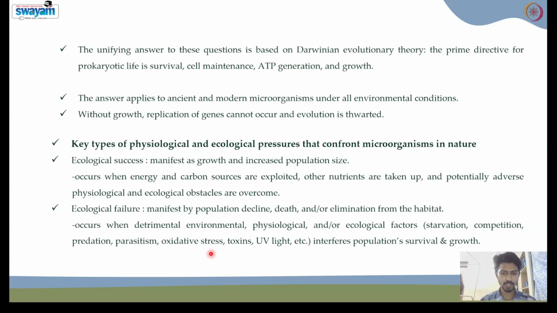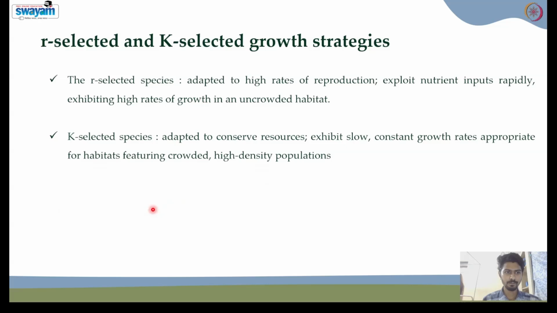There is a balance between one population's growth over another population, and this ecological pressure drives the microbial diversity and evolution. And this is how we say an environment is a success when an increased population size and abundant growth is observed. And whenever it fails, we call it ecological failure.